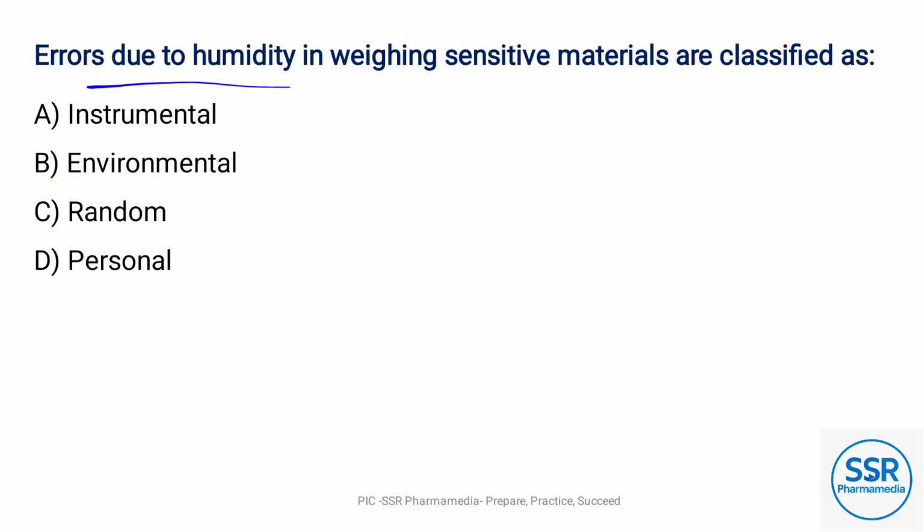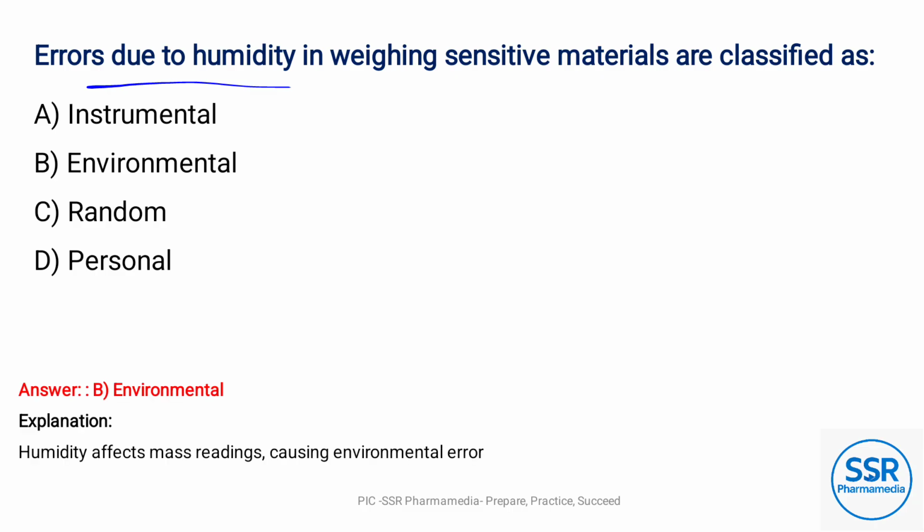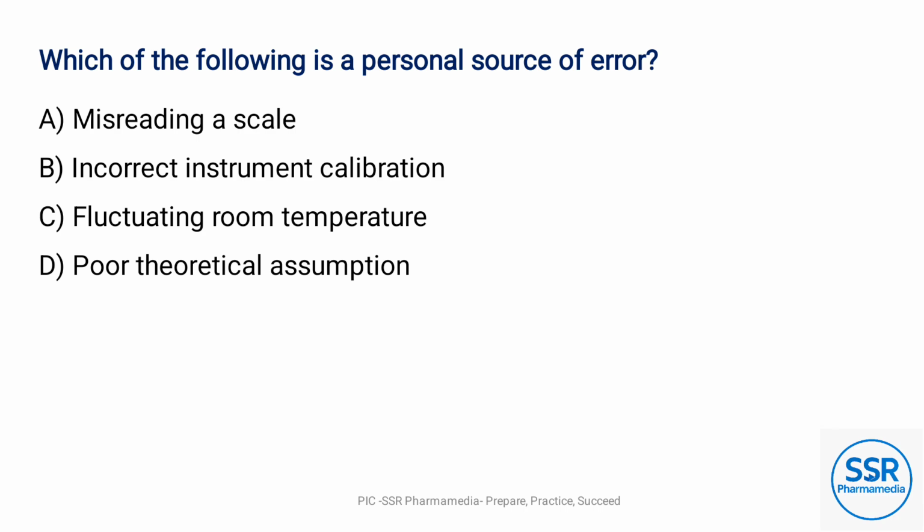Errors due to humidity in weighing sensitive materials are classified as? Option B, environmental error. Humidity, pressure and temperature all belong to environmental error. Humidity affects mass readings, causing environmental error. Which of the following is the personal source of error?